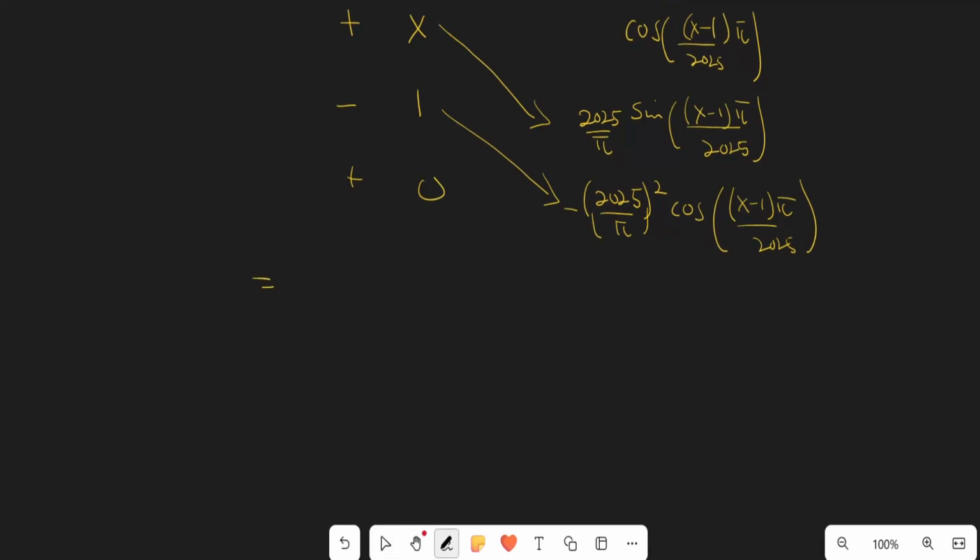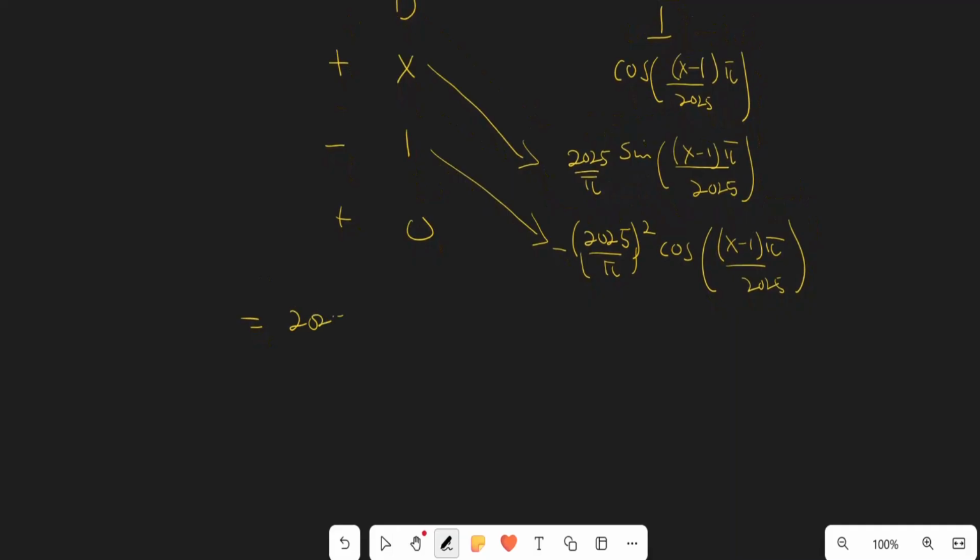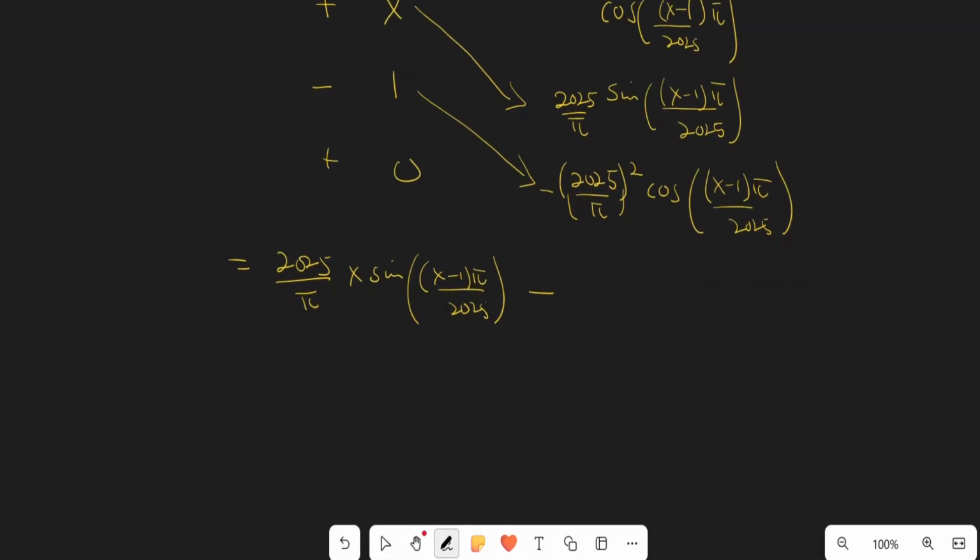So our integral will simplify to 2025 over pi times x sine of (x minus 1) times pi all over 2025, all this is the angle, minus, so it's going to be plus minus minus, that is going to be plus 2025 over pi squared cosine of (x minus 1) times pi all over 2025 as the angle. And you are integrating all of this from negative 2024 to 2026.